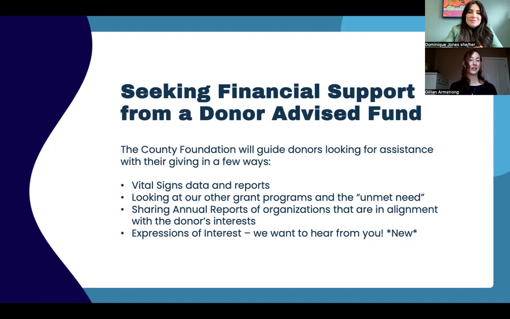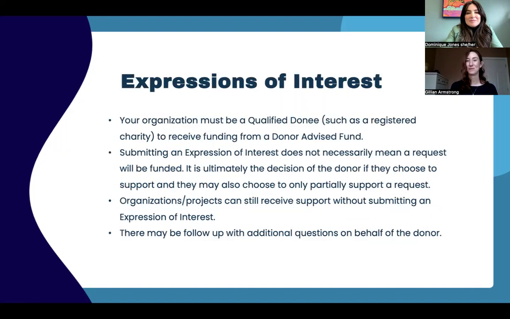This is something that can be submitted through our website. You shouldn't be spending more than 15 minutes on it. It's just a quick little summary of what you're looking for support for, and that can be shared with donors. So we'll go into a little bit more detail about what that process looks like now.